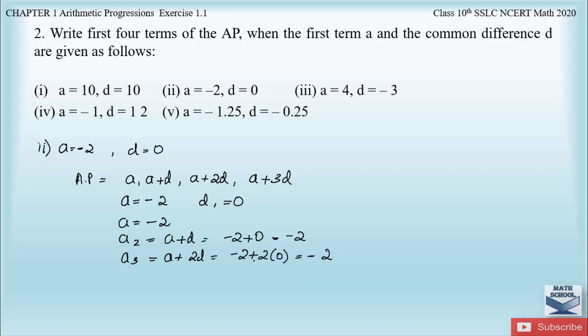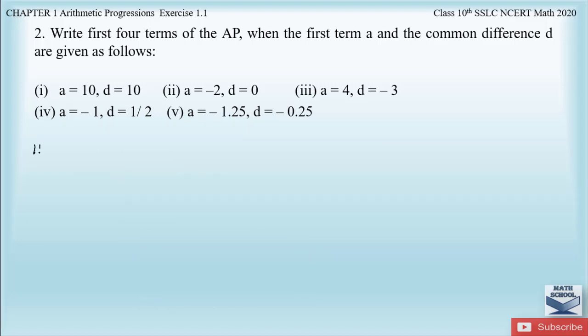Again the value will be minus 2 since anything into 0 is always 0. So again the fourth term is A plus 3D, it is minus 2 plus 3 into 0. So again the result is minus 2. So therefore the 4 terms of AP will be minus 2, minus 2, minus 2 and minus 2.